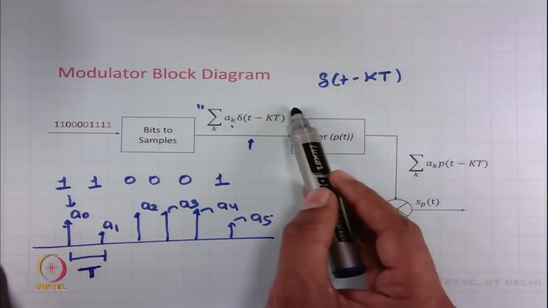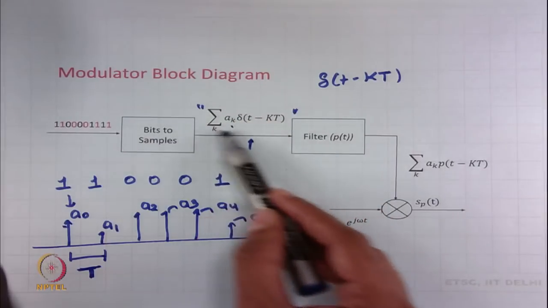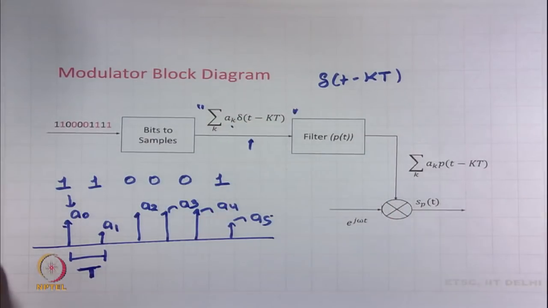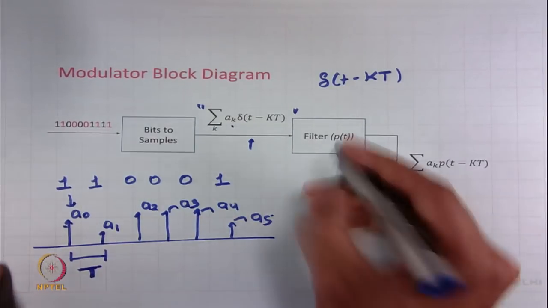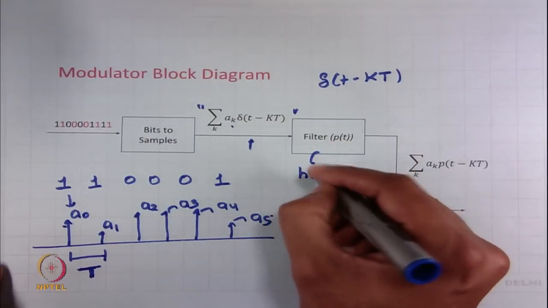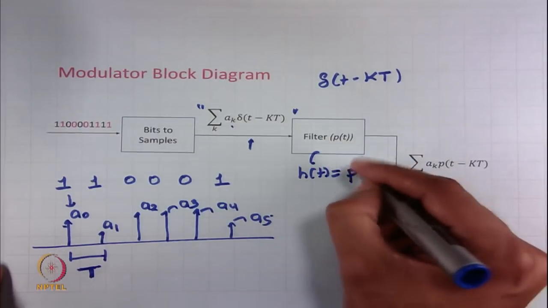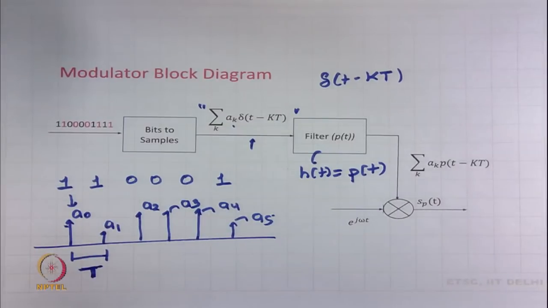Then this weighted impulse train passes through a filter which has an impulse response of p(t). Now, we already know what happens.